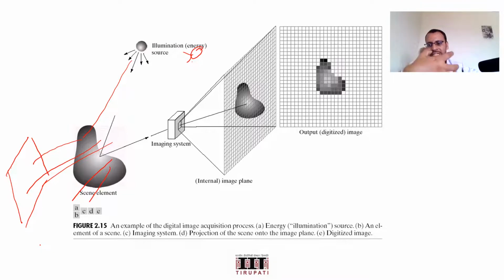There is a transmitter of X-rays, you stand in between, and there is a receiver at the back, and those X-rays that got transmitted through your body are what it is receiving. So it is not always reflected light, it could be transmitted also. This is what I want you to be aware of.